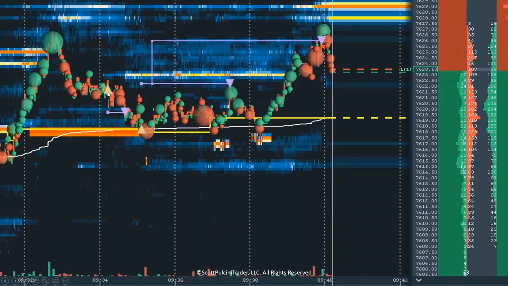But as you notice, look at the levels. I was not at very good levels. I got in around the 22 when this was liquidity, and POC and VWAP were around the 18.